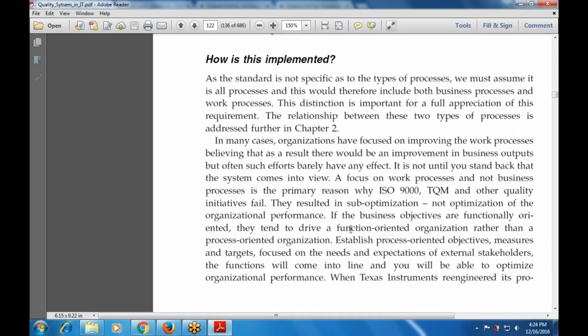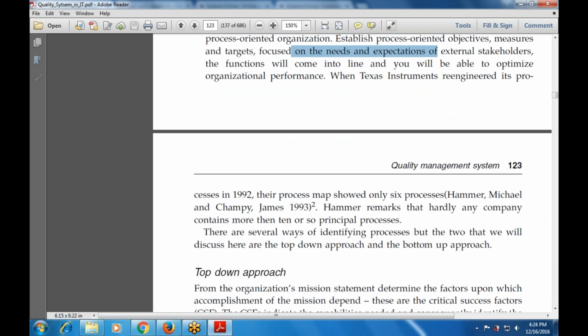These are the various effects seen with a function-oriented organization rather than a process-oriented organization. Also establish the processes, using process-oriented objectives, measures and targets, focusing on the needs and expectations of the external stakeholders.